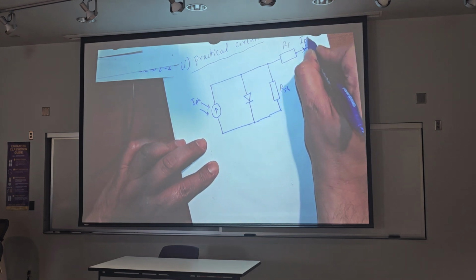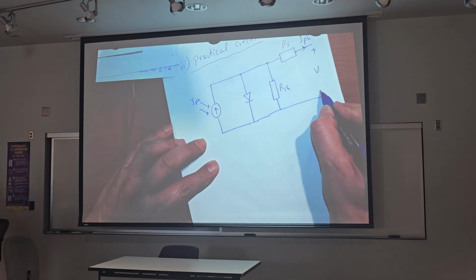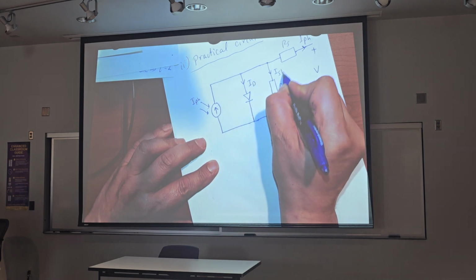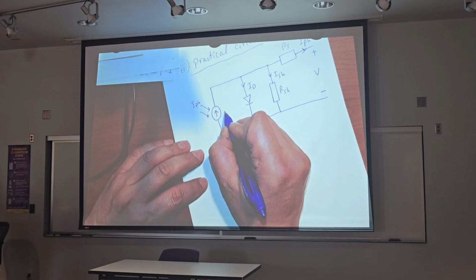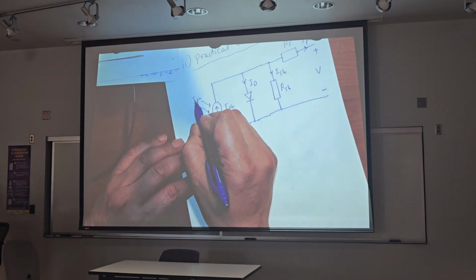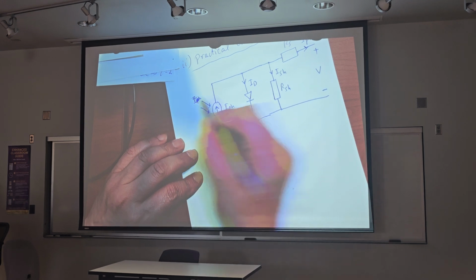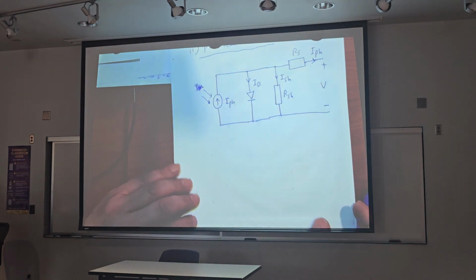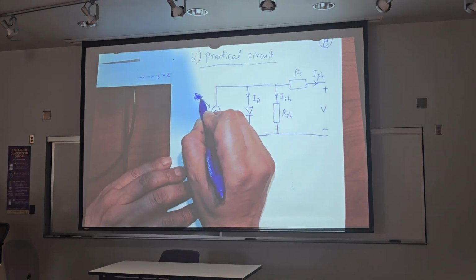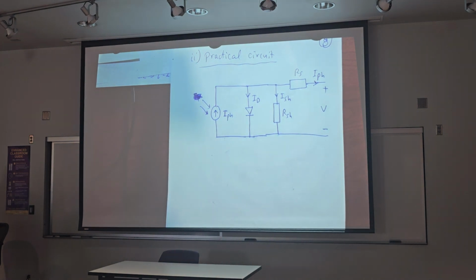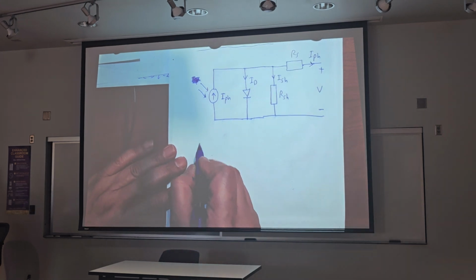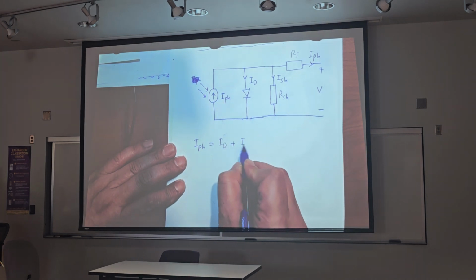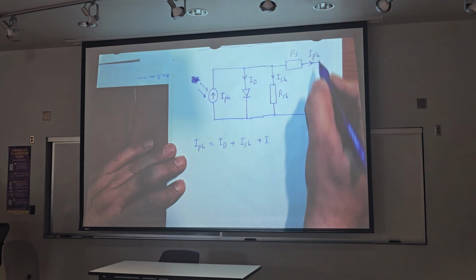Now this is I diode and this is I shunt and this current I_PH. I_PH equals I diode plus I shunt plus I_PV.